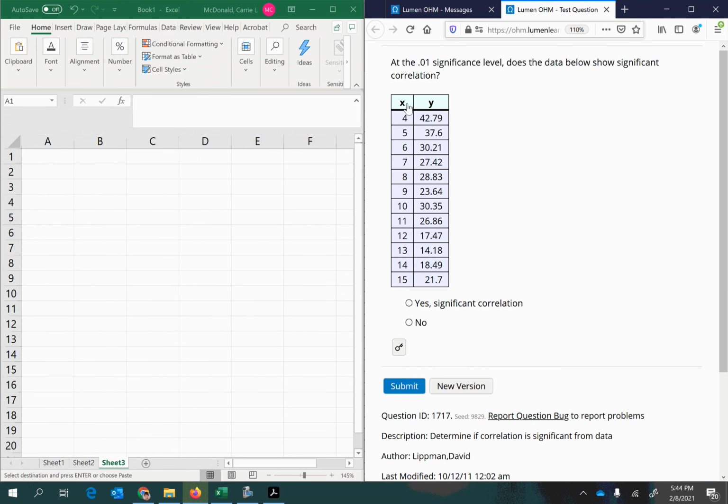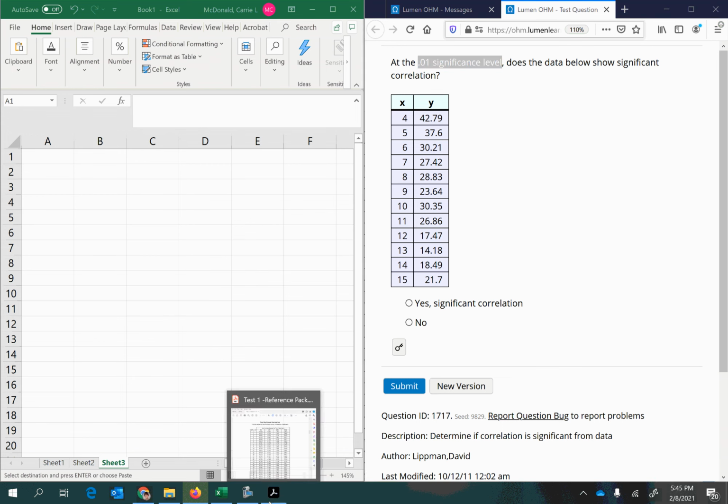And here is the next question from my inbox. It says, at the 0.01 significance level, does the data below show significant correlation? Okay, so what we need to do is use the significance level to decide if the linear correlation strength between the variables x and y is going to be strong enough at a significance level of 0.01.